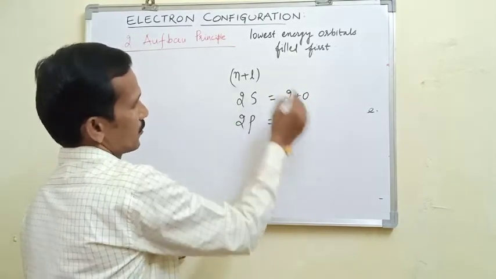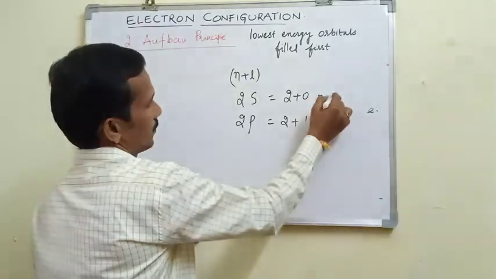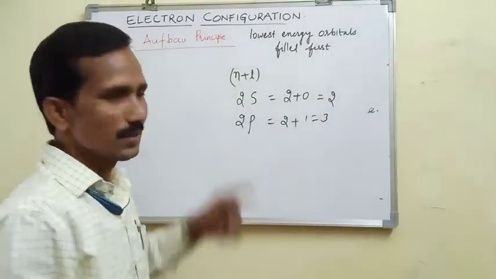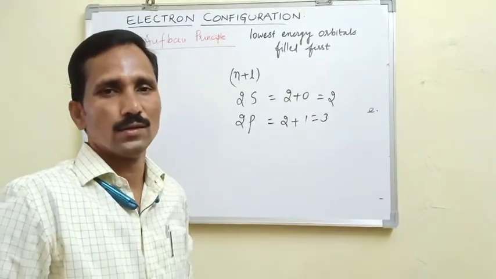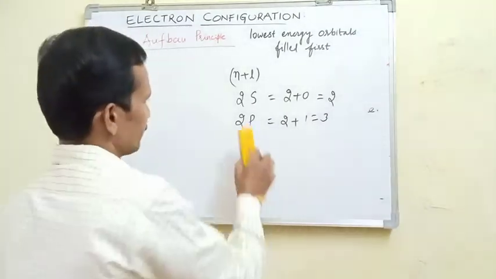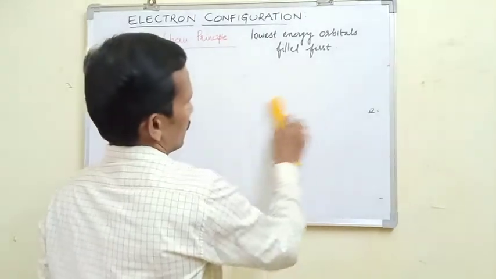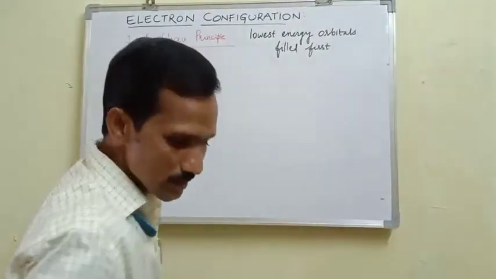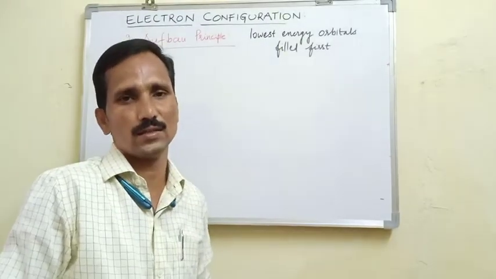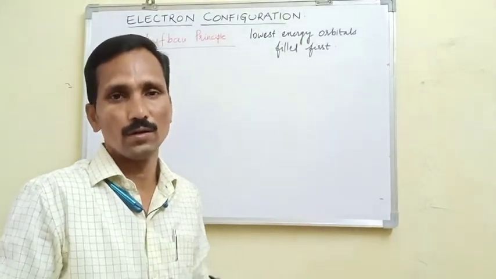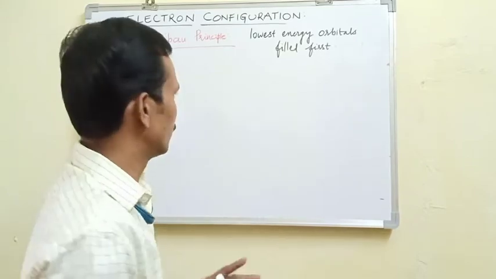For a p orbital the l value is 1, so it is 3. Like this, the sum of n plus l value tells us the energy order. If the n plus l value is the same for both orbitals, then the orbital with the lowest n value takes the electrons first.